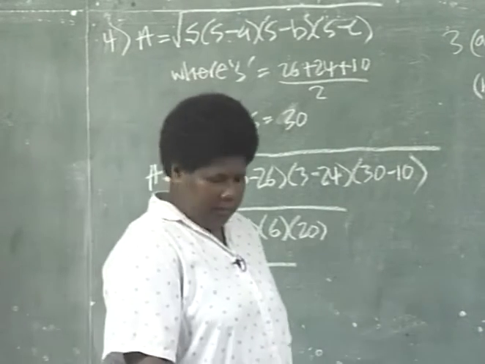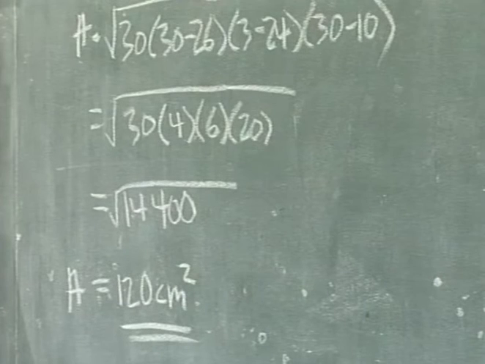All right, very well set out on the board, 120 square centimeters. Thank you, Peter. Pond relay, number 5.